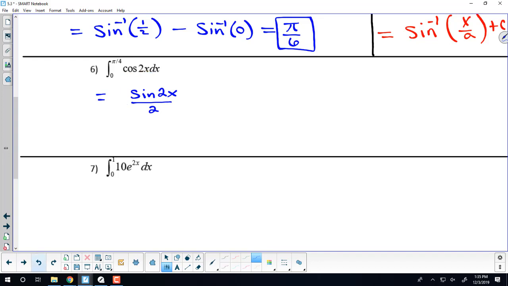So if you were to do the bottom times the derivative of the top, it'd still work, and you would get cosine 2x after you simplified it. Okay, evaluated from 0 to pi over 4. Honestly, I would personally write it as 1/2 times that, but it's totally up to you.